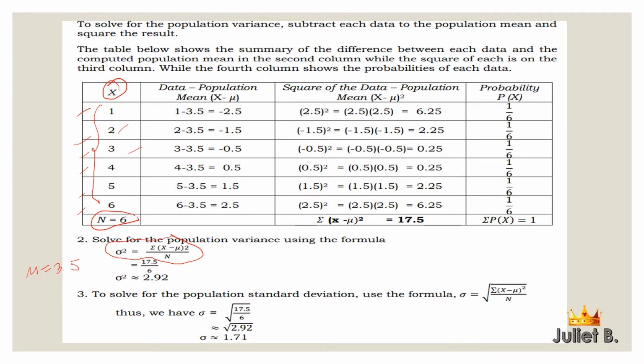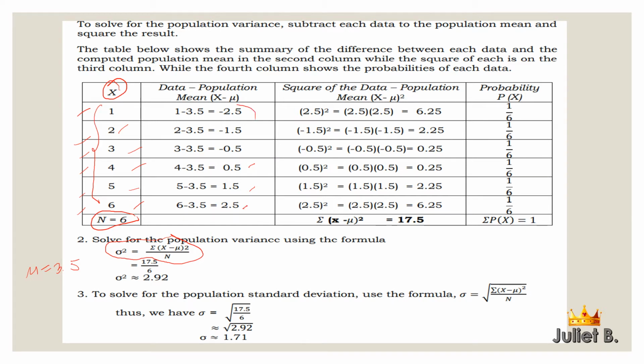Next, 3. 3 minus 3.5 is equal to negative 0.5. 4. 4 minus 3.5 is 0.5. 5. 5 minus 3.5 is 1.5. And lastly, 6. 6 minus 3.5 is equal to 2.5.